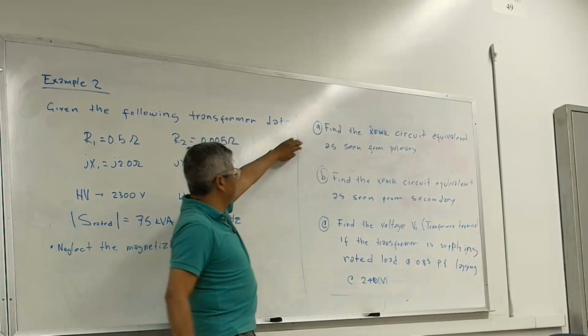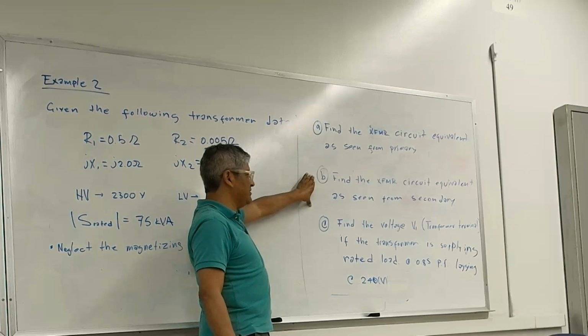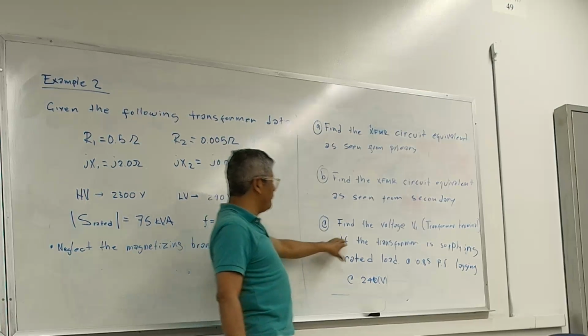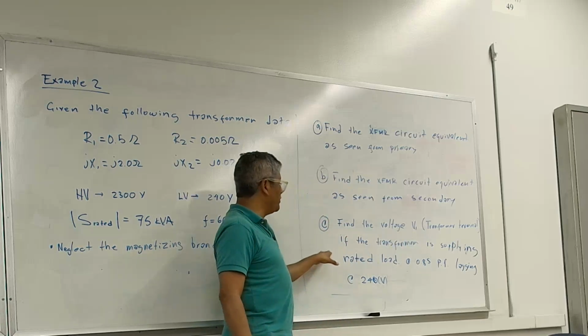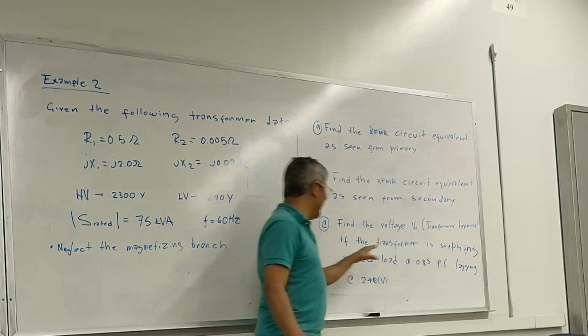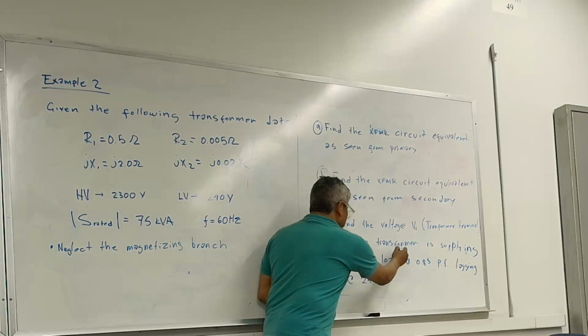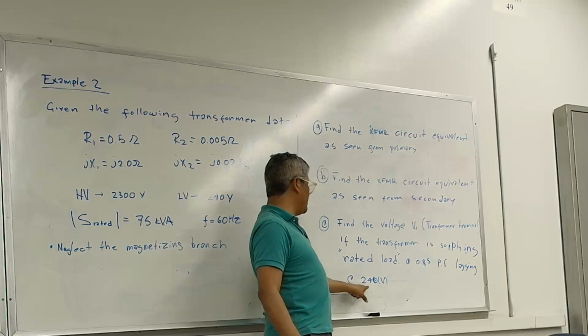So first, find the equivalent circuit as seen on the primary, find the equivalent circuit as seen on the secondary, and then last, find the voltage V1 at the terminal of the transformer when you are supplying a rated load at 0.8 power factor lagging at 240 volts.